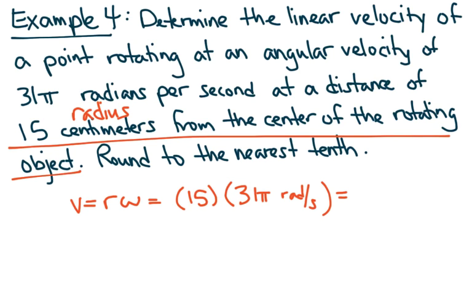Remember, linear velocity is a distance over time, and the distance traveled is in centimeters. So 15 times 31 pi is going to give me 1,460.8 centimeters per second.